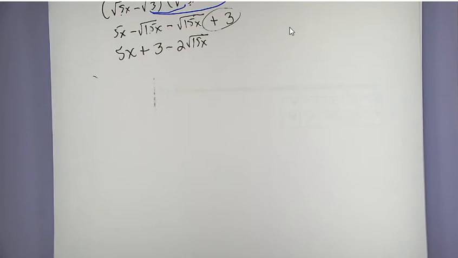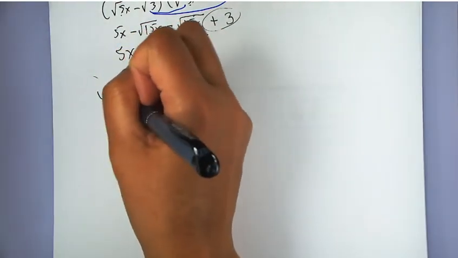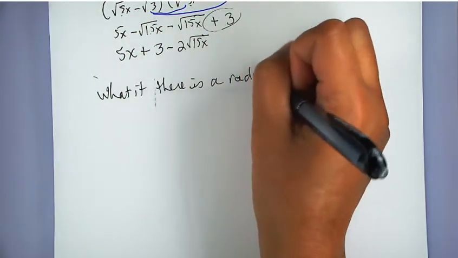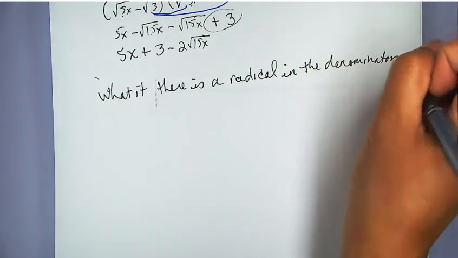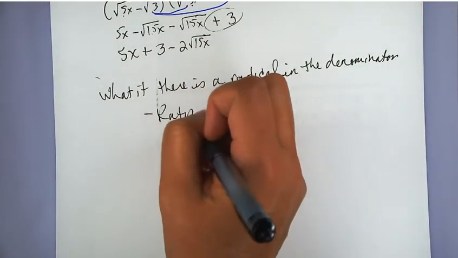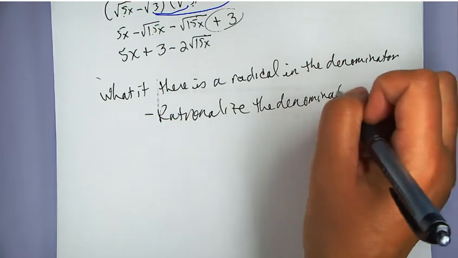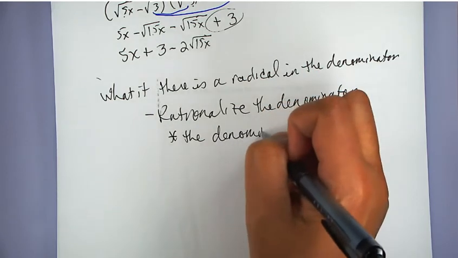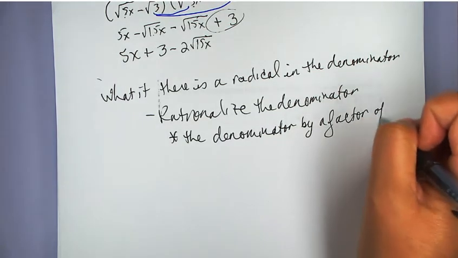It essentially is multiplying the denominator by a factor of a radical with the same index that simplifies or cancels out my radical. And that's what it is.